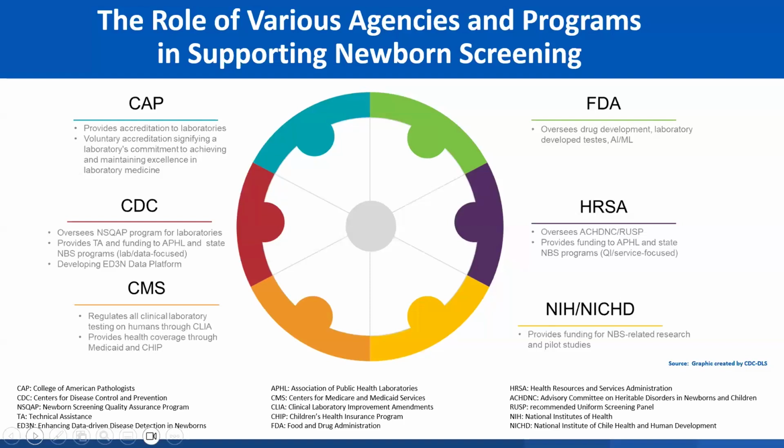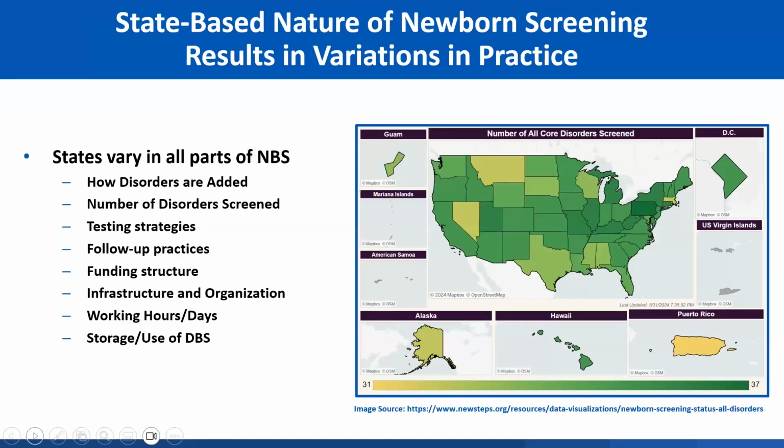So the last point I wanted to highlight as we discussed the newborn screening system really goes back to the idea that newborn screening in the United States is state-based. And as I mentioned previously, this leads to wide variation in practices. And these variations can include differences in which disorders are added, testing and follow-up practices, as well as funding and infrastructure.